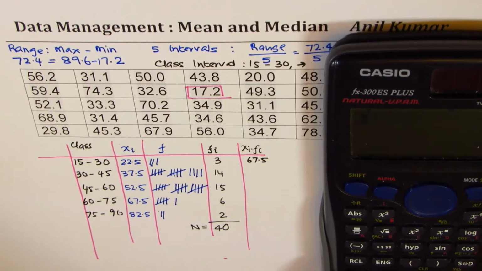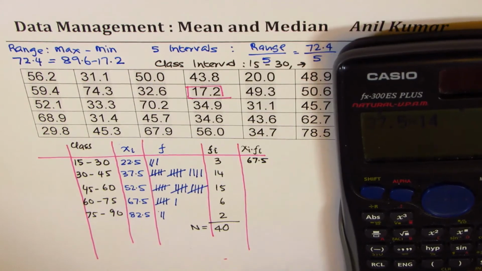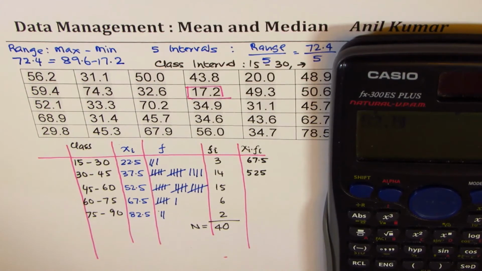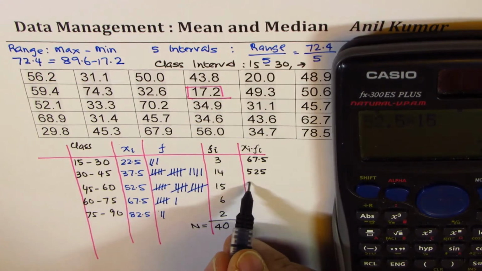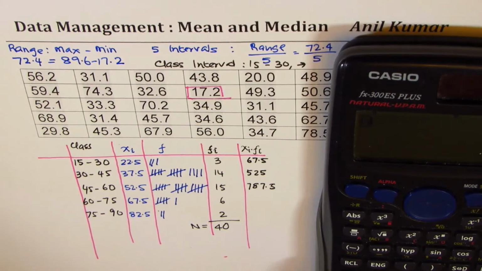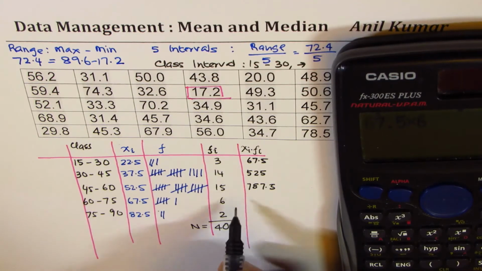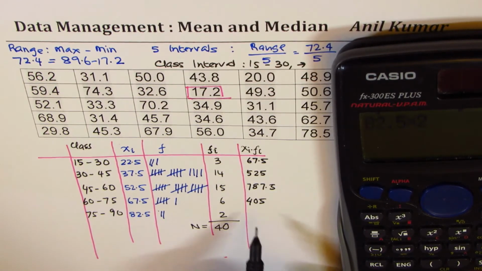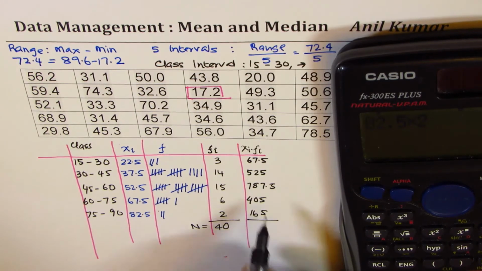Then we have 37.5 times 14, in decimals, 525. And then we have 52.5 times 15, which in decimals is 787.5. And then we have 67.5 times 6, 405. And then we have 82.5 times 2, 165.